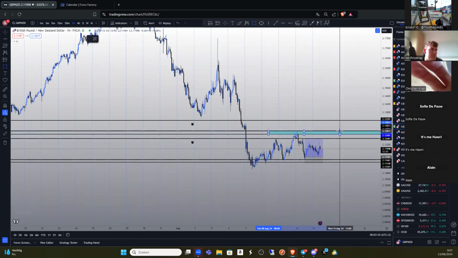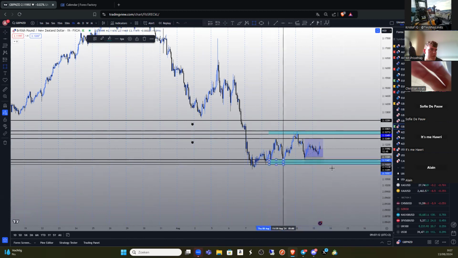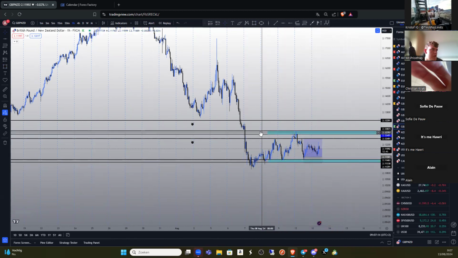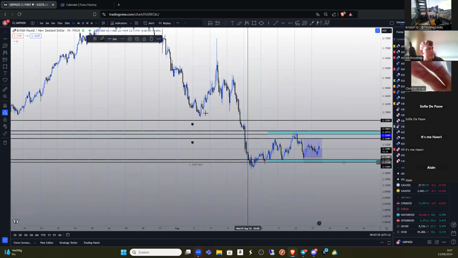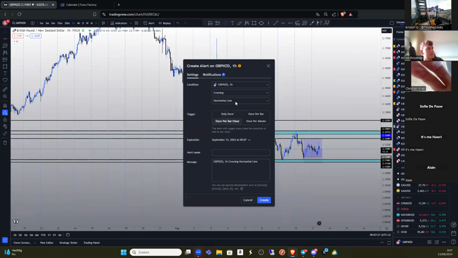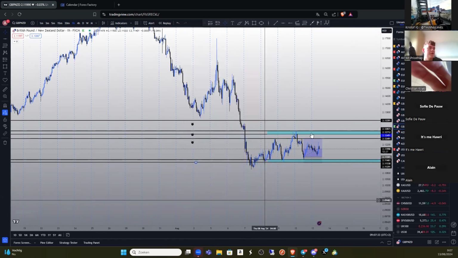Resistance zone, and then we have the support zone. So this would be the price trap. Break resistance, there we go. And then of course, break support.